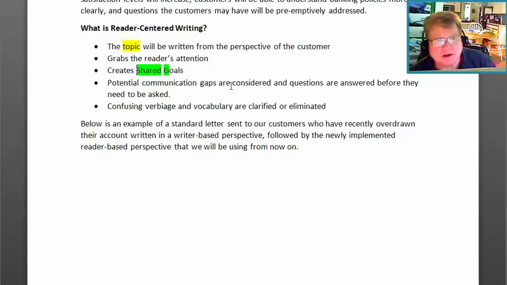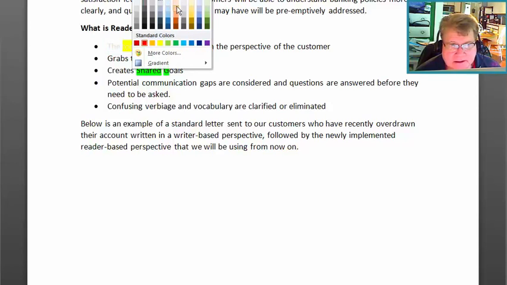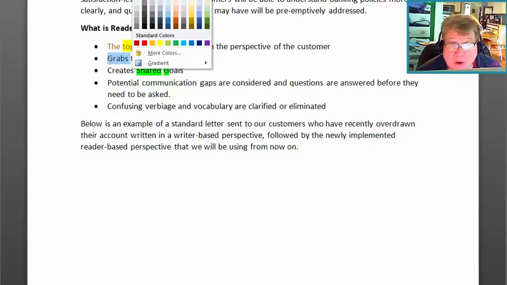Okay, let me show you something. You got a real problem with parallelism here. Okay, here the bullet list item begins with the subject, the topic. Let's label it orange. Then the next bullet item begins with a verb.